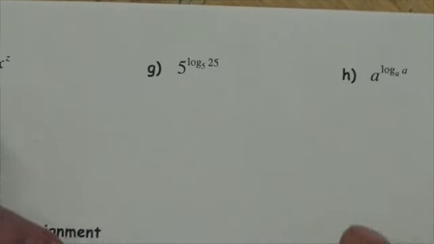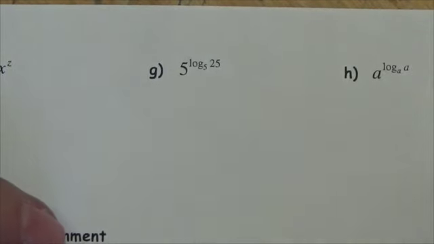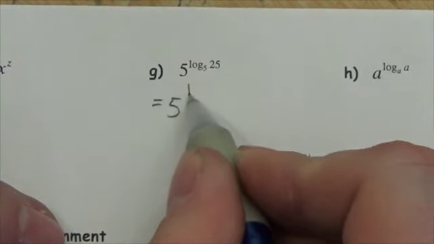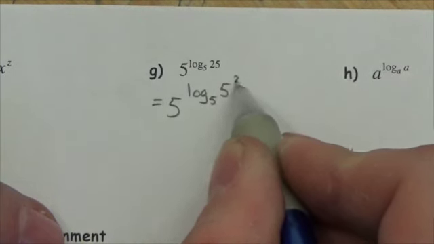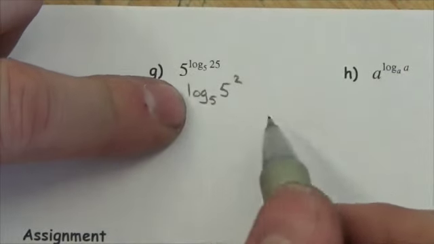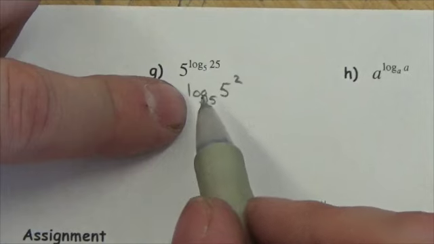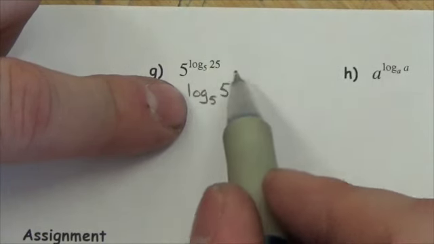Over here, log base 5 of 25. There's a couple of steps to this problem. First of all, I'm going to change that 25 to 5 squared. So now, up in the exponent, I get log base 5 of 5 to the power of 2. That pattern, log base 5 of a power of 5, leaves me with just that exponent.